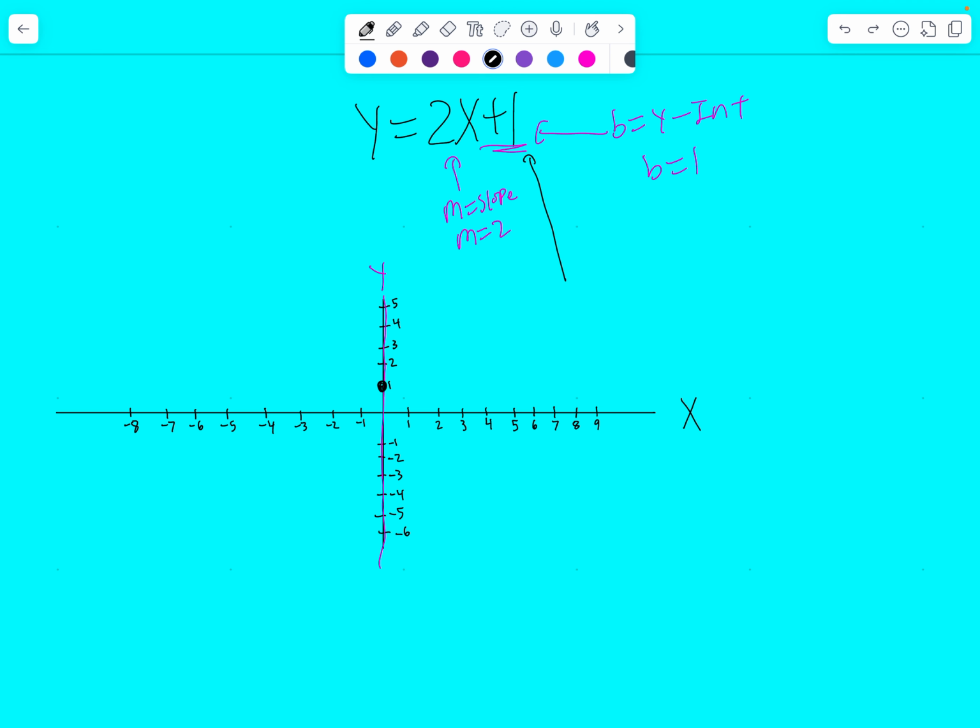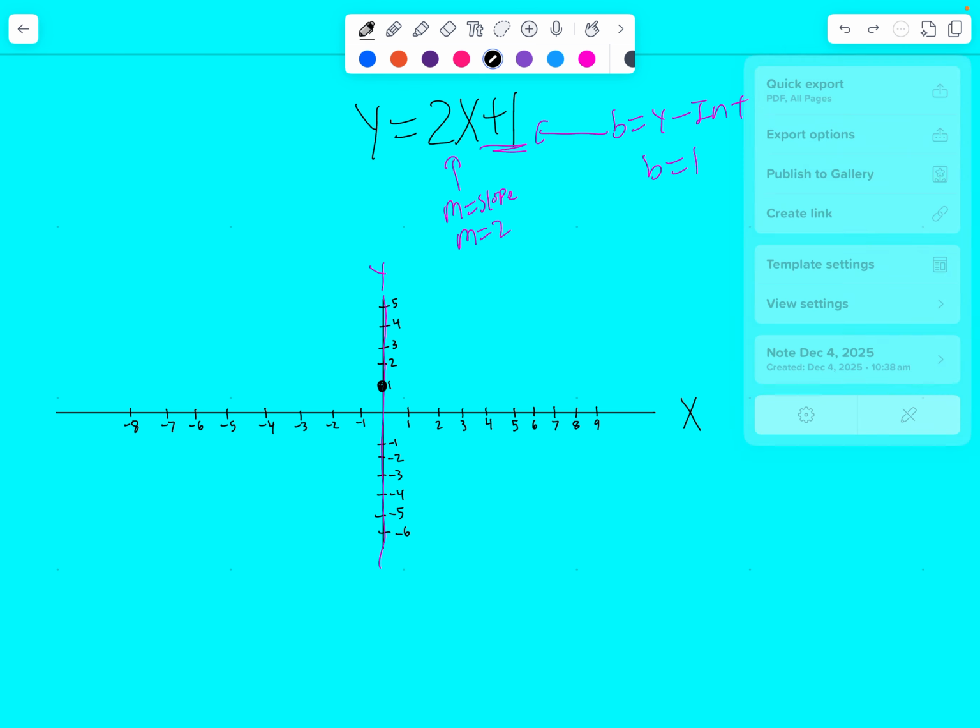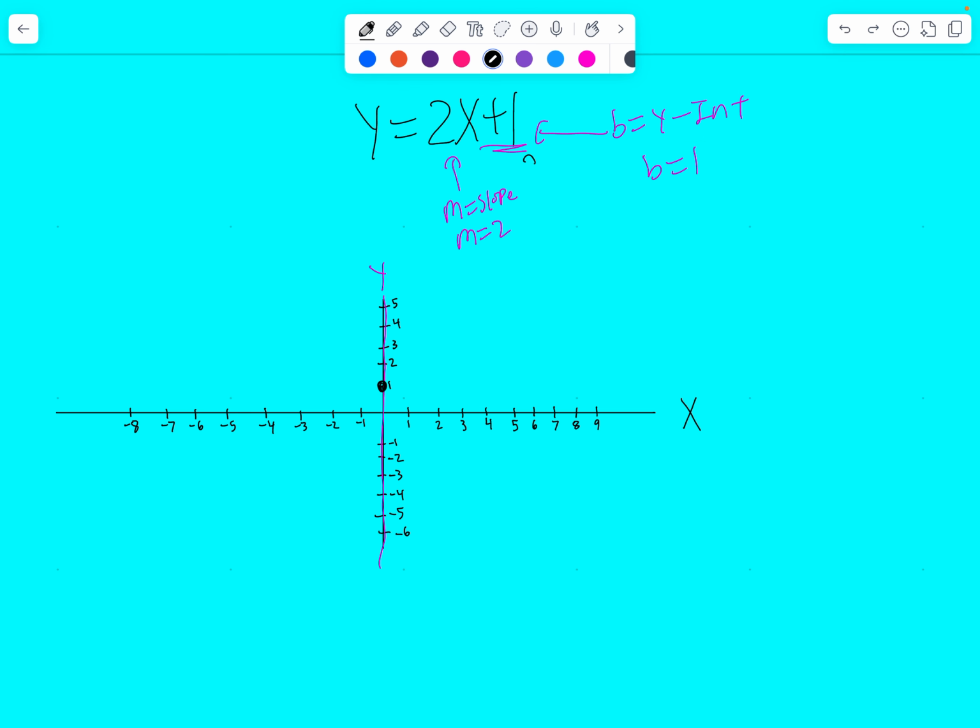Now, I see that I have a 2x. Remember, this is an invisible 1 right here. It's 2 over 1. I'm going to rise by 2, 1, 2, and I'm going to run by 1. Boop. So I'm going to put a plot right here.